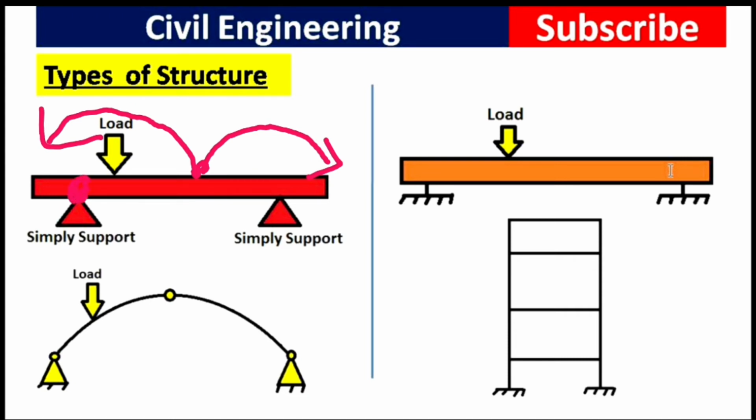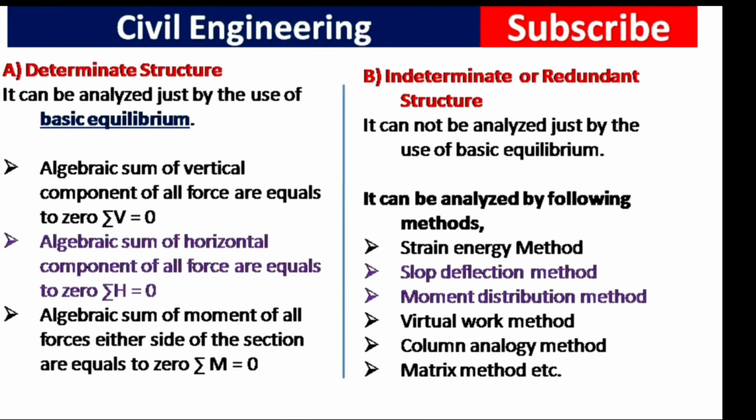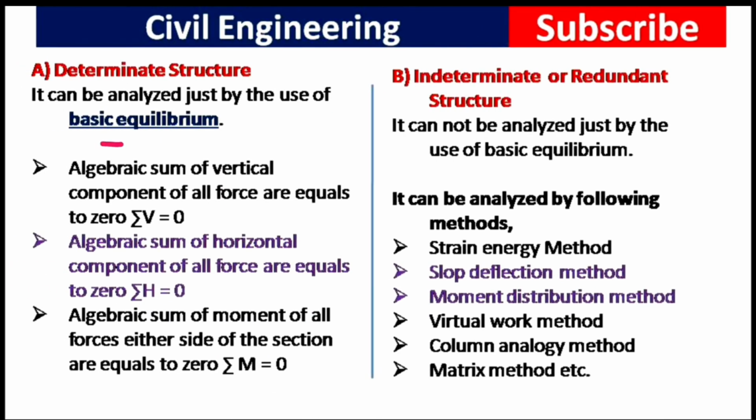Generally it is taken at a support. Okay, so the third equation of basic equilibrium is the algebraic sum of moments of all forces on either side of the section equals 0. Okay, so there are 3 equations which make the basic equilibrium of statics. Okay, so 1, 2 and 3.